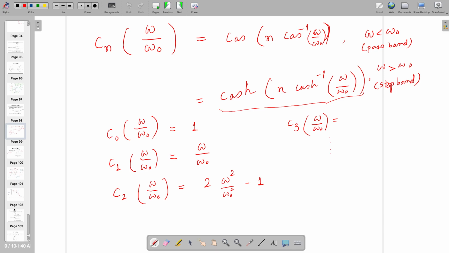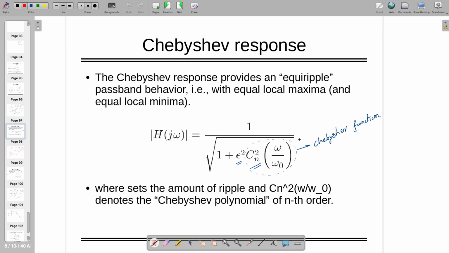That is what is happening here, and that's why we wrote that if this function is at its minimum, then this becomes 0. But when it is maximum, which is equal to 1, we are going to see this value is equal to 1 by under root of 1 plus epsilon square.